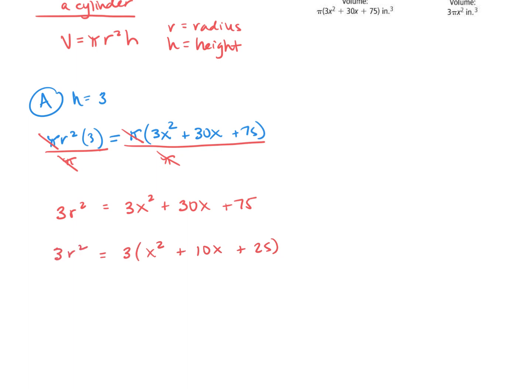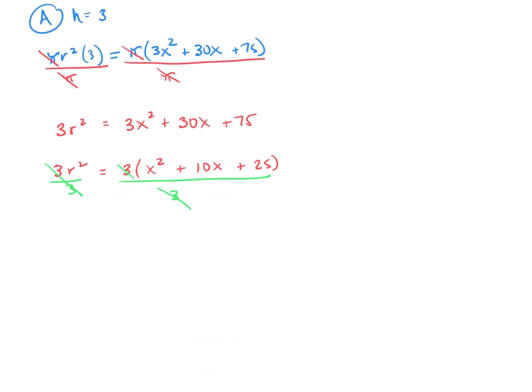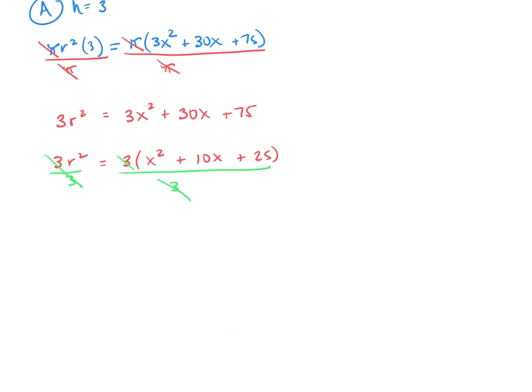Kind of like what we just did where we divided both sides by pi, now my r squared is being multiplied by 3, and this trinomial is being multiplied by 3. So why don't we get rid of that 3 by dividing both sides by 3? All right, well this is getting closer to what we want. We have r squared equals x squared plus 10x plus 25.